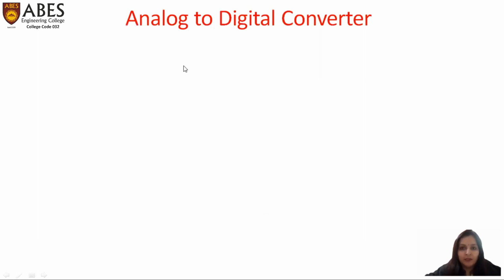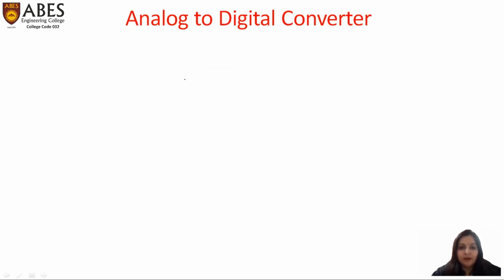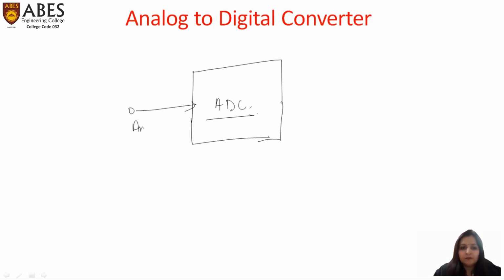we generally deal with a block that is having analog input, then it has a reference value, and then it has a conversion technique. Whenever we talk about A to D converters, we generally take a block that is comprised of a circuit. Here we call it ADC. Then we will be applying an analog input.